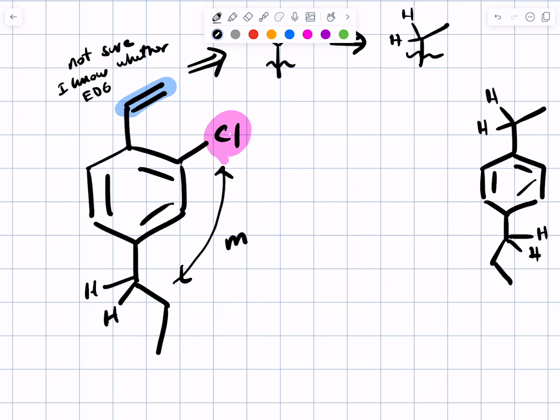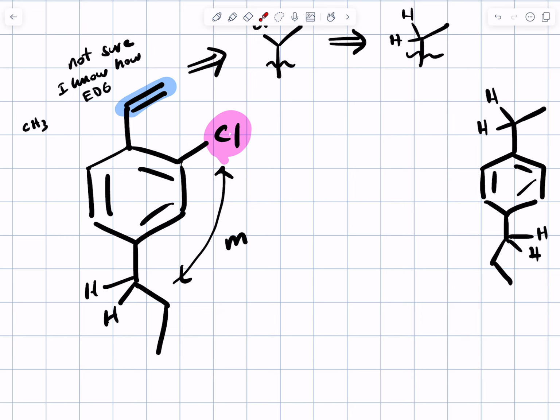It's probably not a withdrawing group. It's probably also not strongly activating. You remember, if it were a CH3 or an alkyl group, or I don't know how electron donating it is.